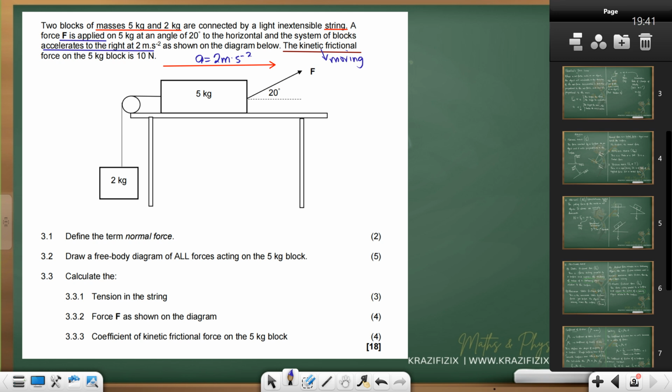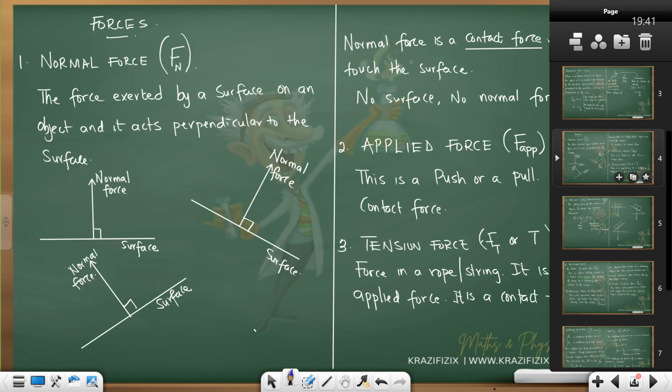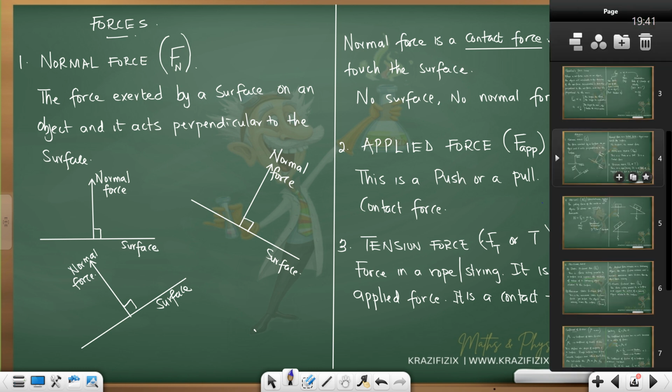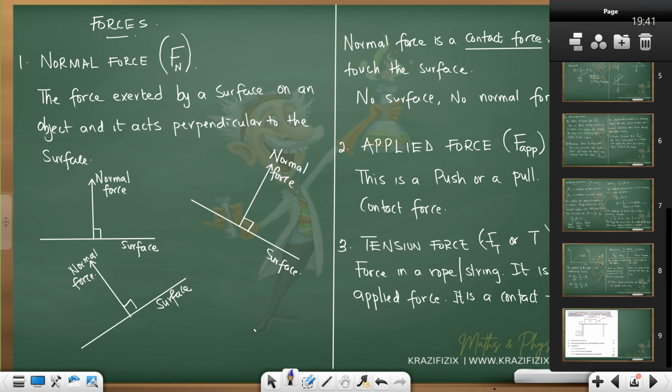Check. Answer number 1 is done. 2 marks. The force exerted by a surface on an object, and it acts perpendicular to the surface. Easy peasy. Do you see that, right? That one is done.